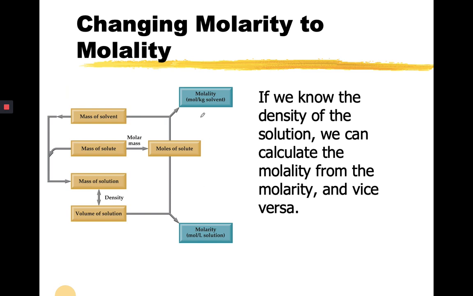So in the exercises later on, you might be asked to convert molality and molarity. So what makes the conversion possible? We need to know the density of the solution. Okay? So we can do the conversion between molarity and molality if we have the density of the solution. So stay tuned for it in the more examples video.